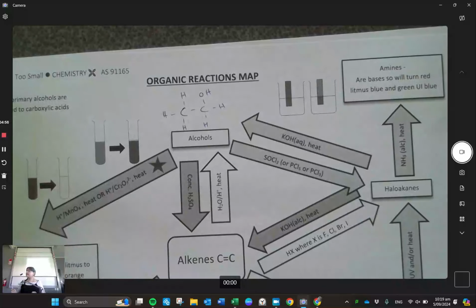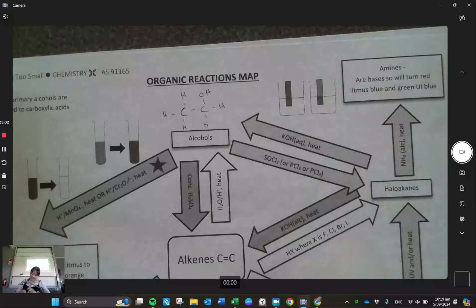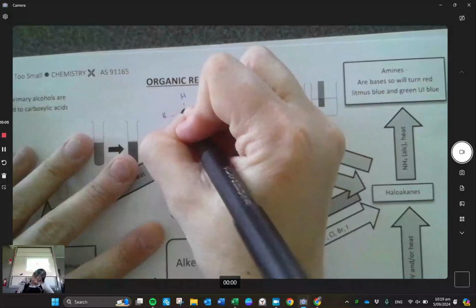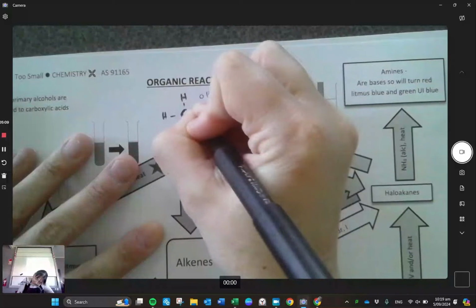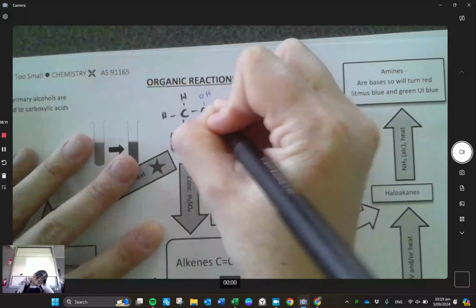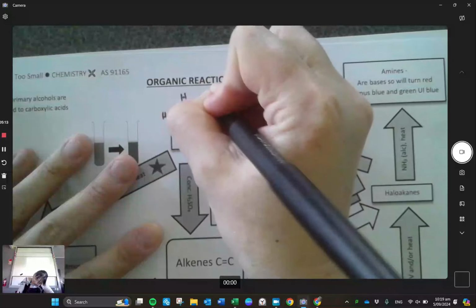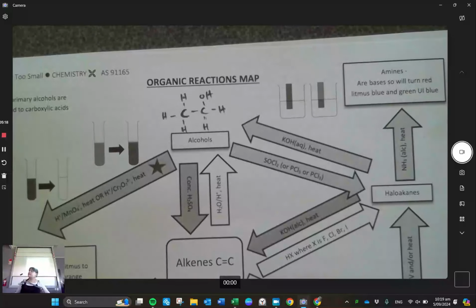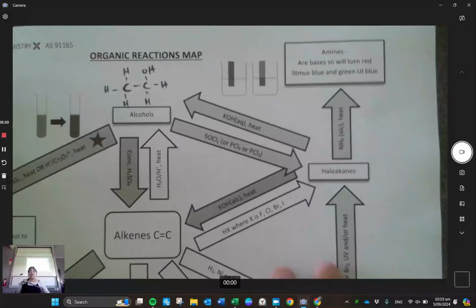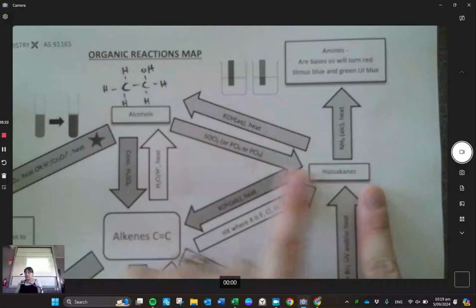I'm going to switch to a marker because I want thicker lines. Say, for example, I have this alcohol here. Are we okay so far? Let's say I want to go from an alcohol to a haloalkane.